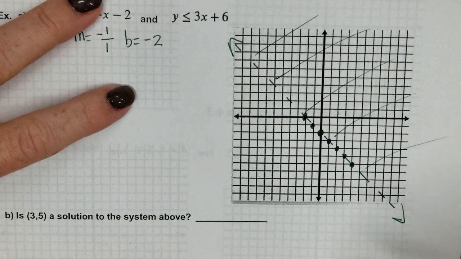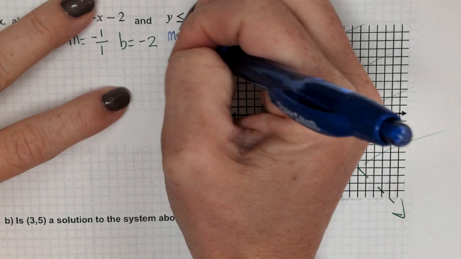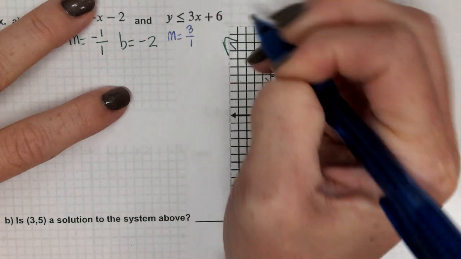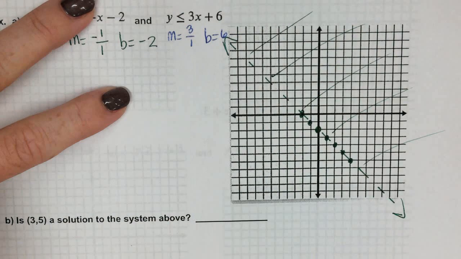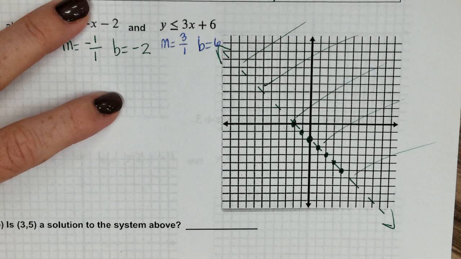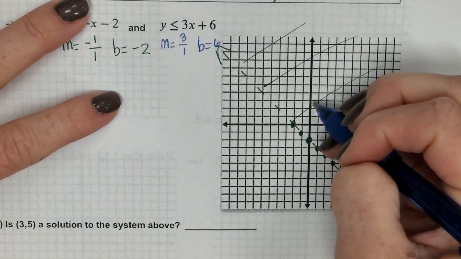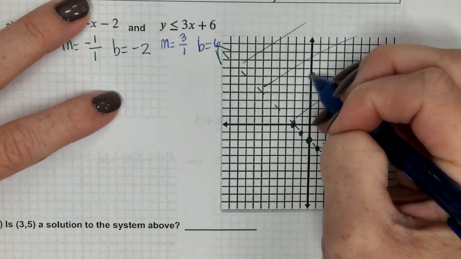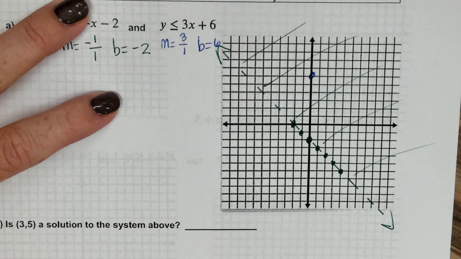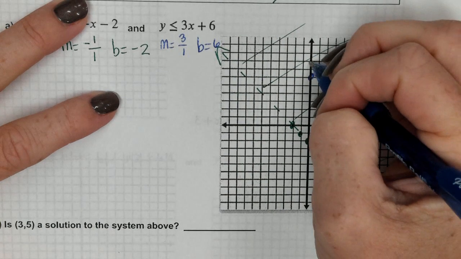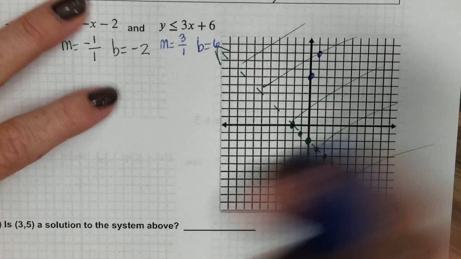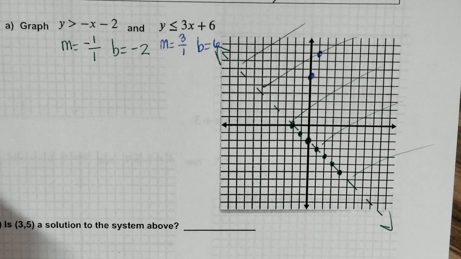Okay, so what is the slope of the next one? 3 over 1. What is the y-intercept? 6. So I'm going to go to the y-axis to 6. And I'm going to put a dot. And I'm going to go up 3, right 1. Now I can't go any more, so instead of going up and right, I could also go down and left.